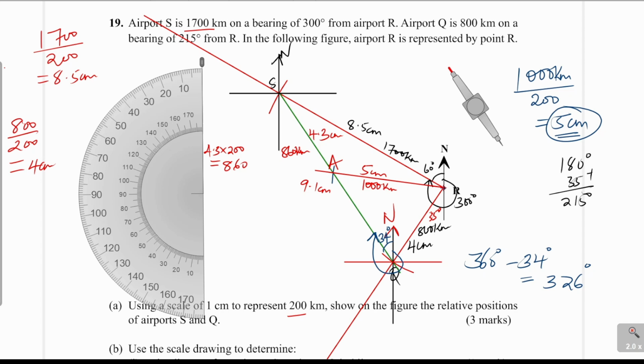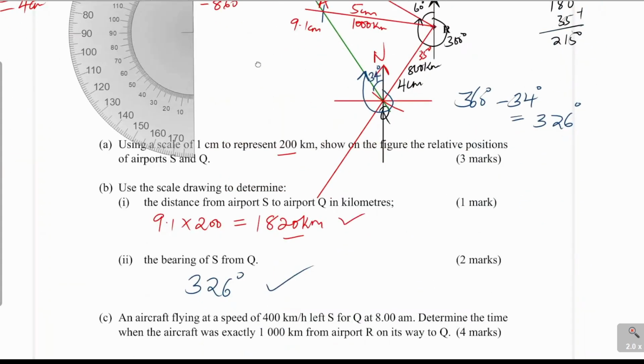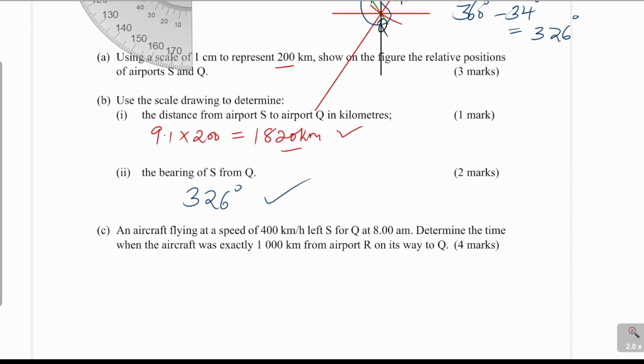So now for us to find the time, we need to find the time taken from S to that point. So time is given by distance divided by the speed. We got the distance as 860 kilometers, then the speed was 400 kilometers per hour, so this will give the time in hours.